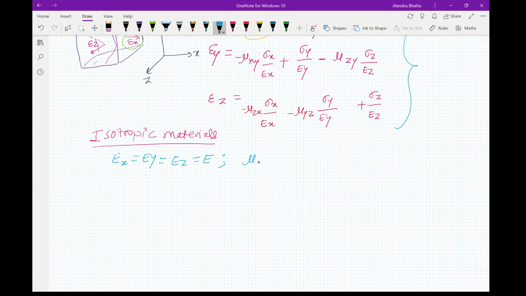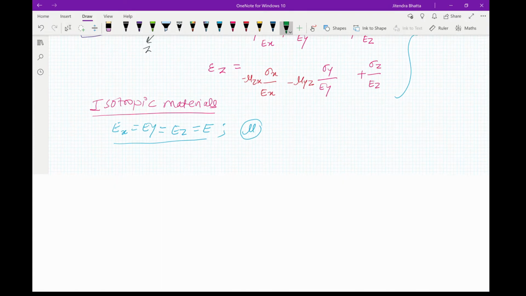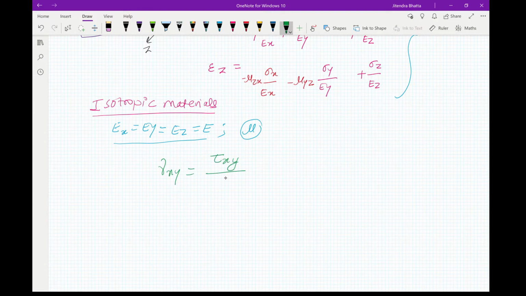Similarly, your mu will be constant in all directions. Again, if you want to look at your shear strains, which will be this one, xy, this is given by shear stress divided by your shear modulus.